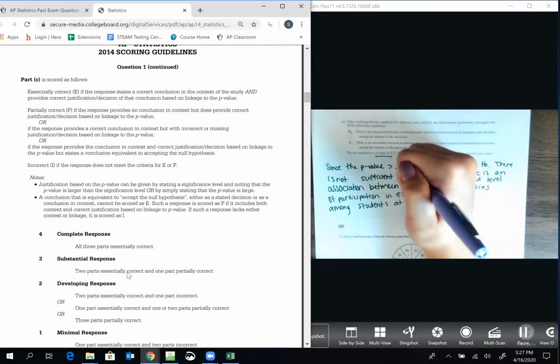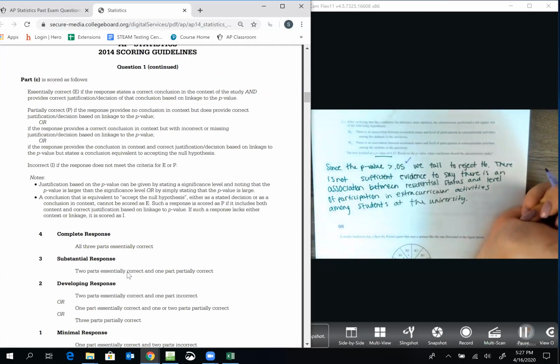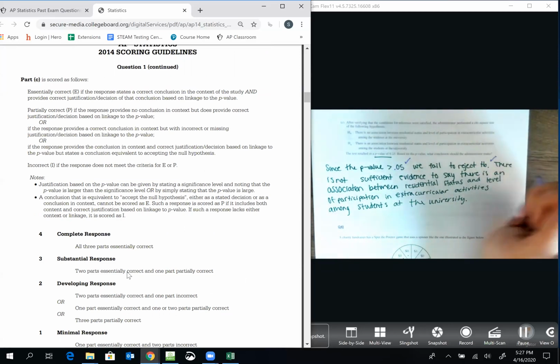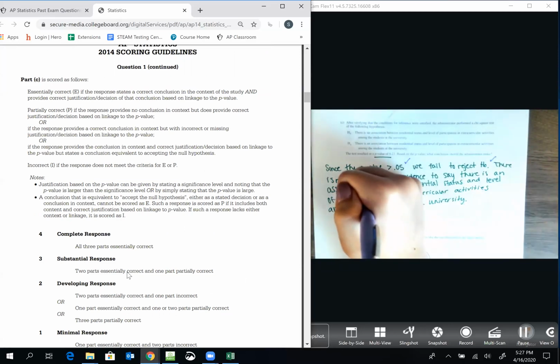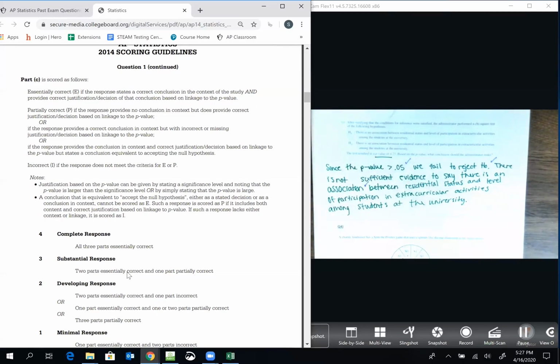So there's my linkage to the p-value. Here's my decision. And here's my actual conclusion. There's not sufficient evidence to say that there is an association, with my context.